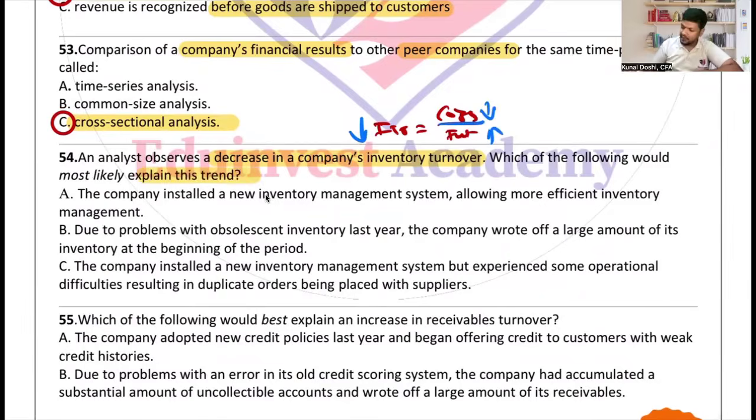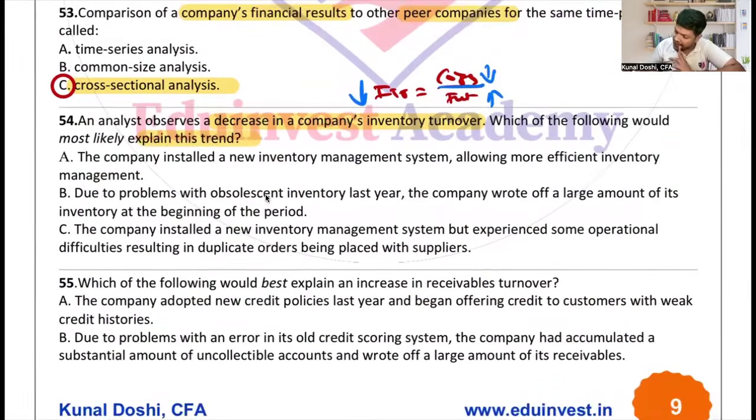Company installed a new inventory management system allowing more efficient inventory. Guys, if the inventory management is more efficient, it should increase the inventory turnover, right? Not reduce. They are asking which one is going to make it decrease. So A is not the answer. Am I correct? Everyone? Look at B.